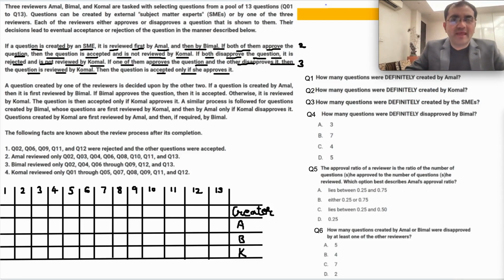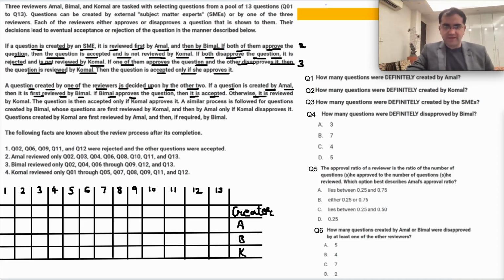Okay? Next, the question might be created by one of the reviewers. And if one has created it, it is decided upon by the other two. Okay? So if a question is created by A, it is first reviewed by B, meaning the next person. If B approves, it is accepted. Very good.